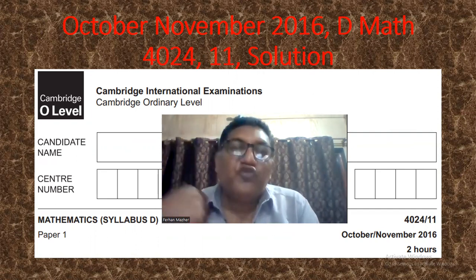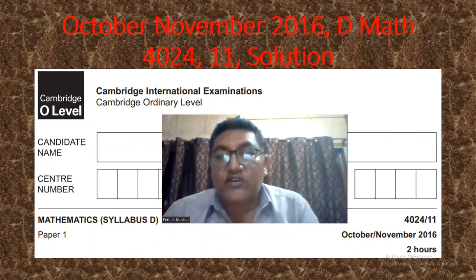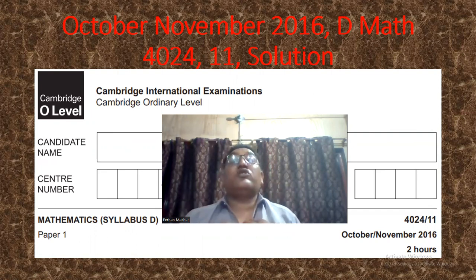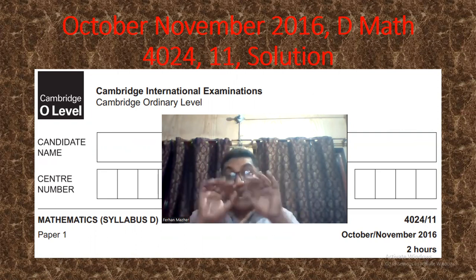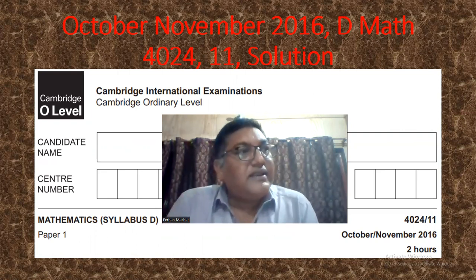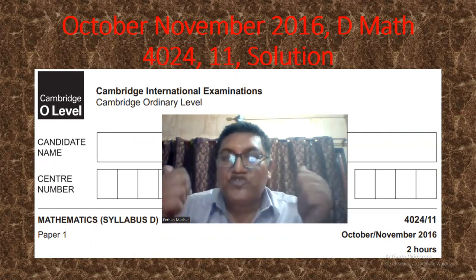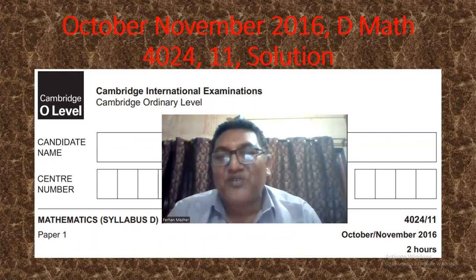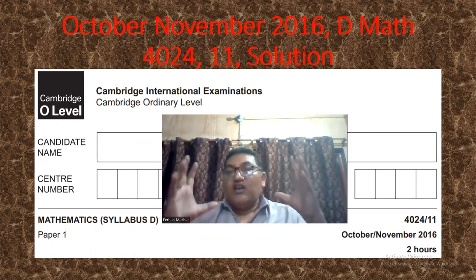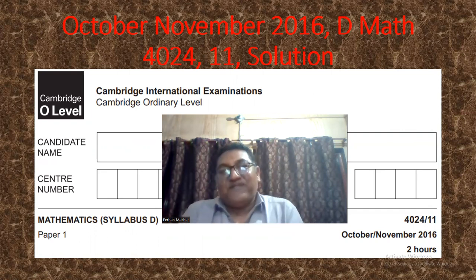The time allowed for this paper was 2 hours. I have tried my best to write the solutions in a way that you can, at your home, sitting alone, watching this video on your smart TV or your laptop or your cell phone, practice that paper.